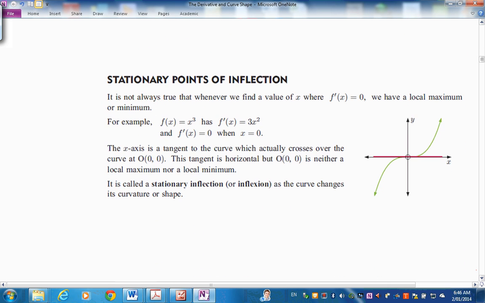Okay, so here's the other stationary point I mentioned just above there. You can get a flattening like this. We call that a point of inflection.